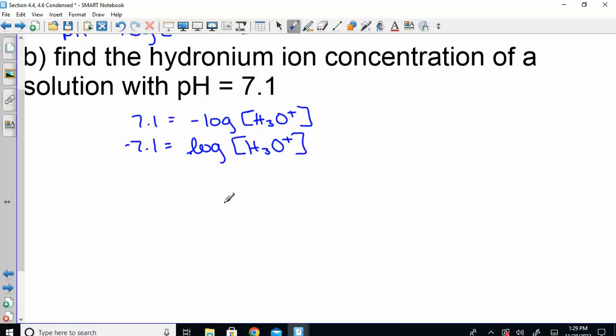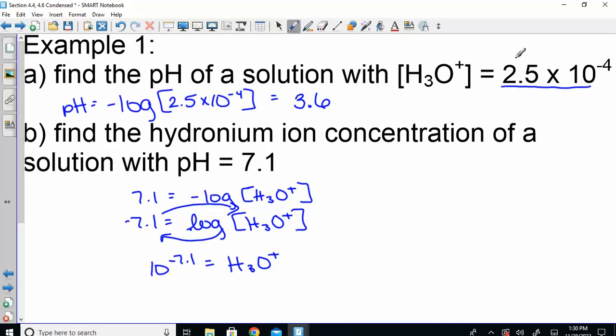H3O+. Okay, it's been a week or so, but we can do this. If you have a log on one side, change it to exponential. What's the base of this log? 10. So it'd be 10 to the negative 7.1 equals the H3O+. If we type that in, it's not going to give you a very nice answer.